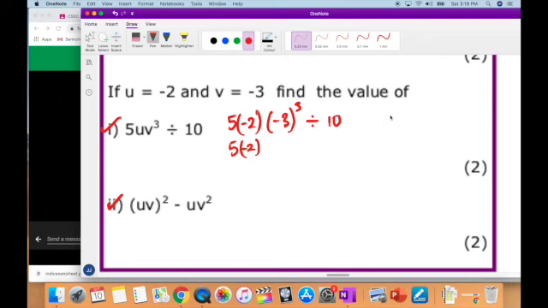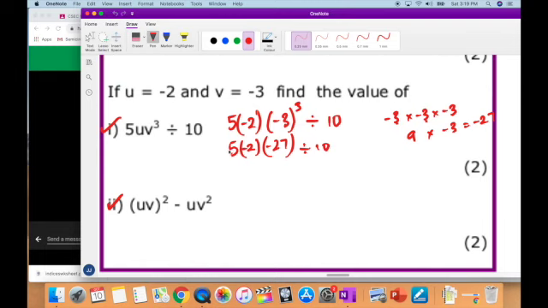-27. Very good. So -3 cubed is -3 times -3 times -3. So 3 3's are 9, this is +9 times -3, which is -27. Right? So this is -27 all divided by 10.